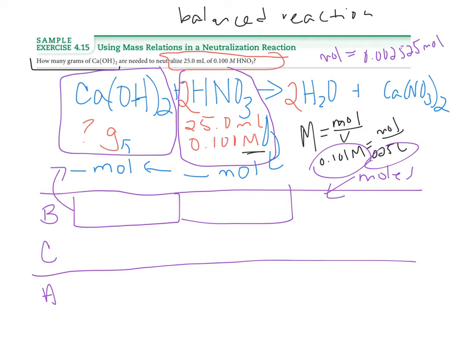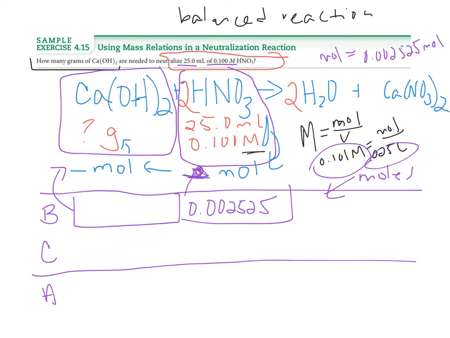And make sure you write down all those numbers. Let's say it's 0.002 or 0.0025. You have to have at least 3 because these each have 3 significant figures. So I'm going to put that here, 0.002525. That's how many moles we have. That's this number that we were looking for right here.